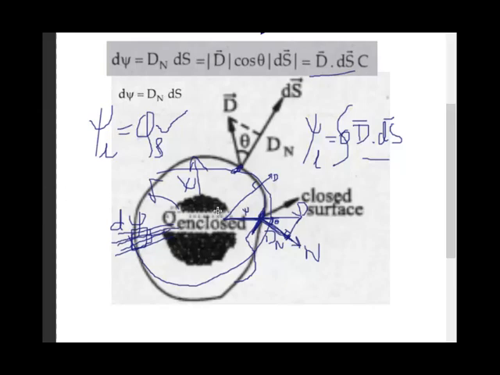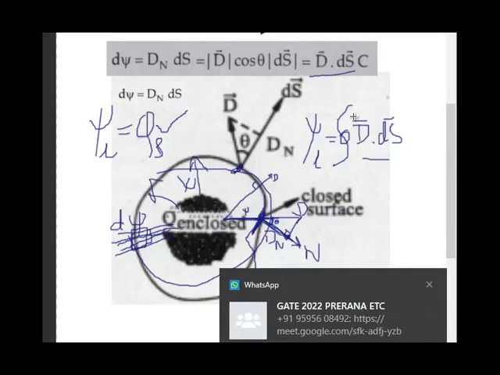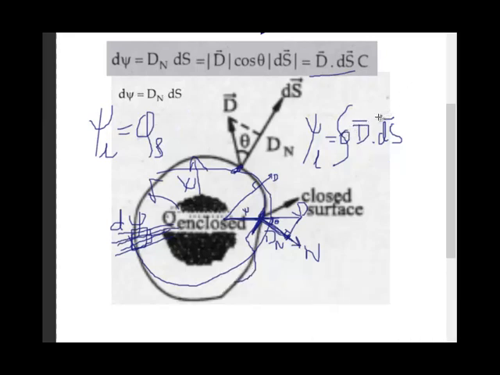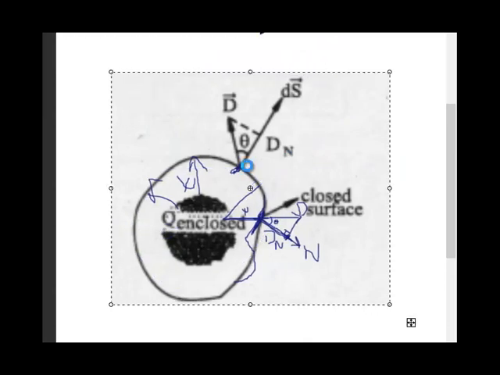So this is called Gauss law. So Gauss law, as Gauss explained it, is that the closed surface integration of D dot ds gives you the charge enclosed.